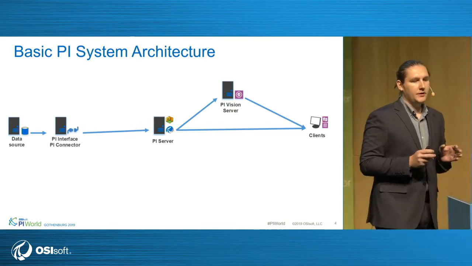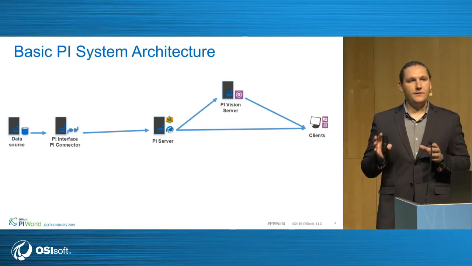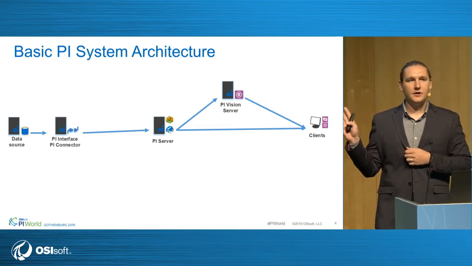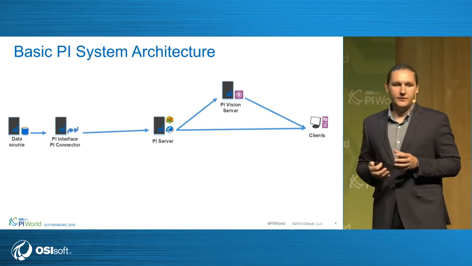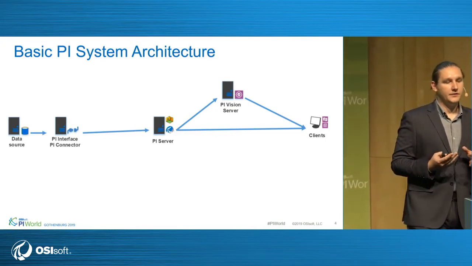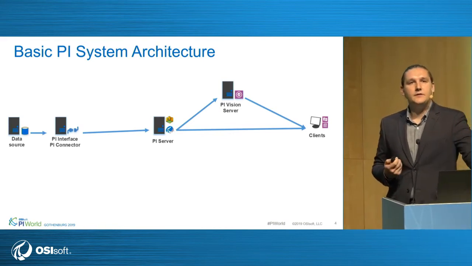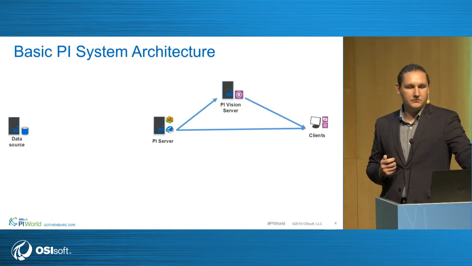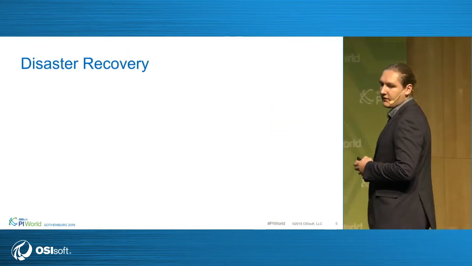Okay, but what are the factors that affect this architecture? This is very simple, very easy architecture. So how can we expand it? Of course, there are different factors that affect our architecture. One of them is adding our PI system into disaster recovery plan. What is the disaster recovery?